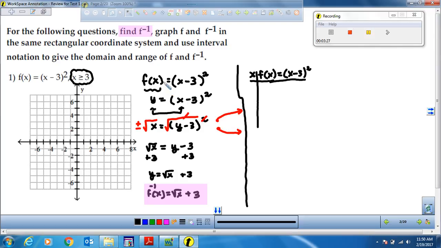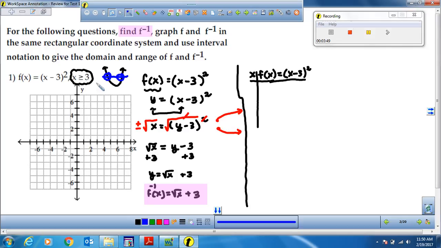And that happens because remember that the function x squared represents a parabola, but the parabola does not have an inverse that is a function, because if I draw the horizontal line test, the horizontal line intersects the graph in more than one point.